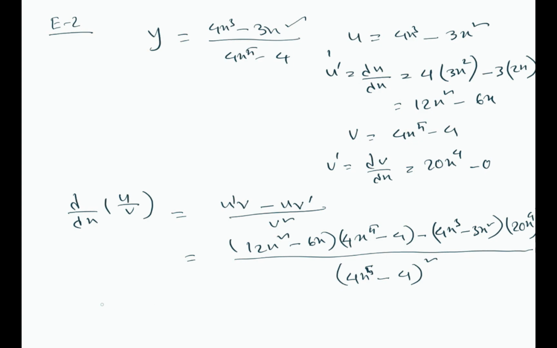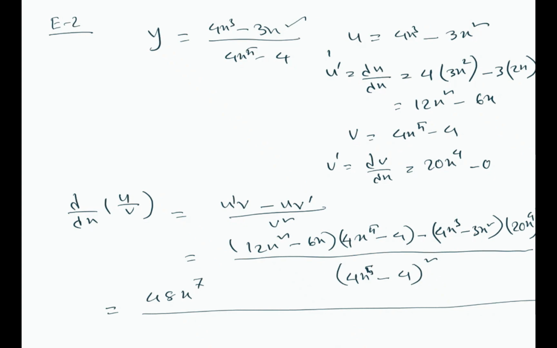So we need to simplify this expression. 12 into 4, how much? 48. So I need to make a big line. So 48x to the power, here we are multiplying two terms, so we need to add the power. 2 plus 5 is 7.